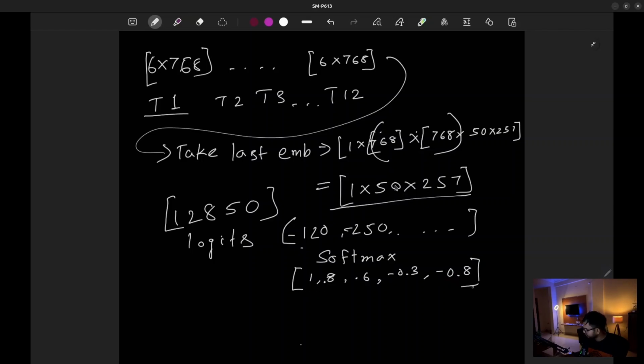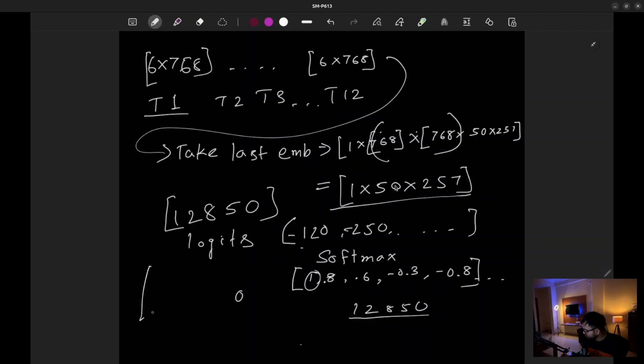These are the logits for each token, right? So we have 12,850 tokens, and out of these we will get the highest probability embedding. Let's say this is the first one. Out of the 12,850, the first token has the highest probability, so we will get the zeroth index token.